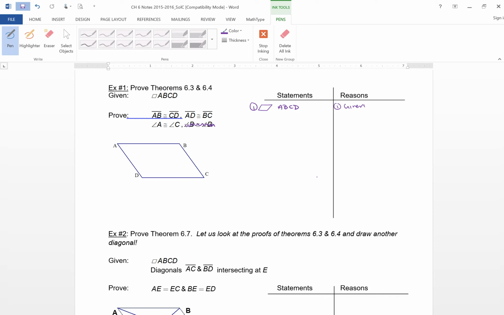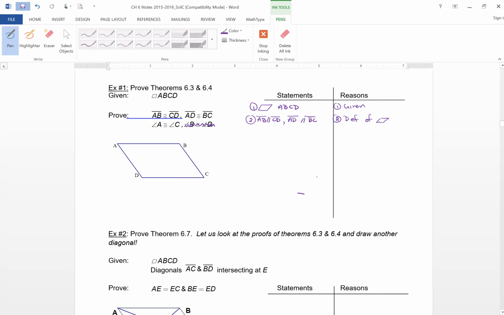Right, the definition. So number 2 is AB is parallel to CD and AD is parallel to BC. That's the definition of a parallelogram.